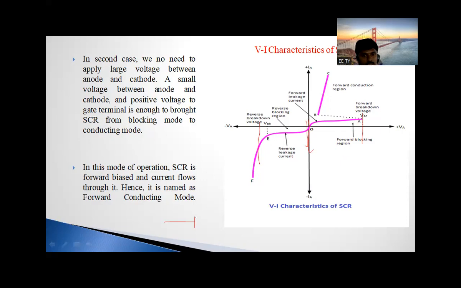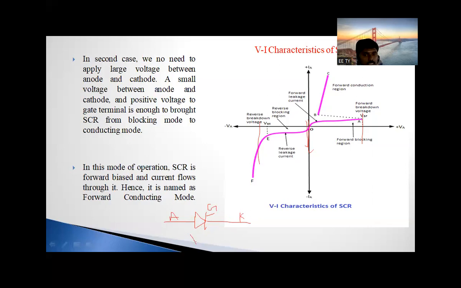This is the thyristor, the symbol of a thyristor: anode, cathode, and gate. Once the gate voltage is applied at this point, the thyristor is turned on. When the thyristor is turned on, what will happen?